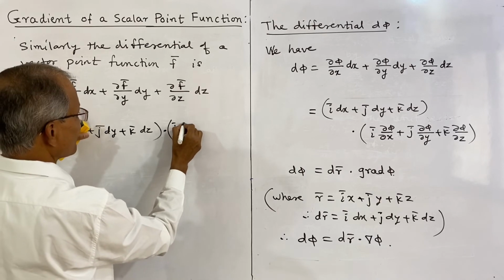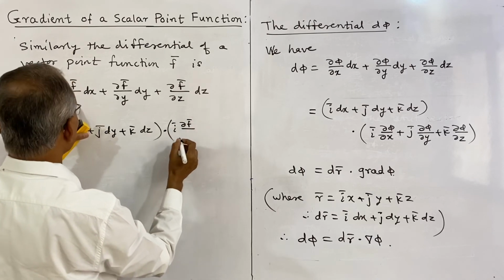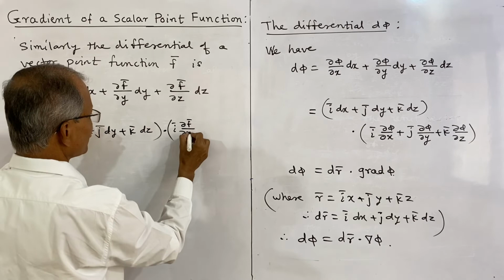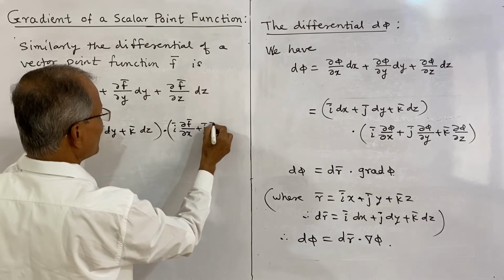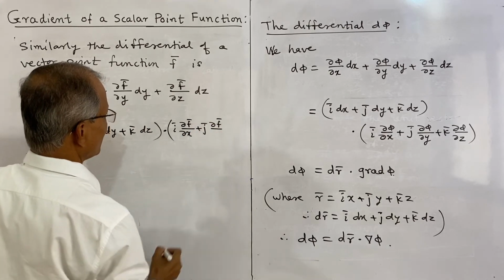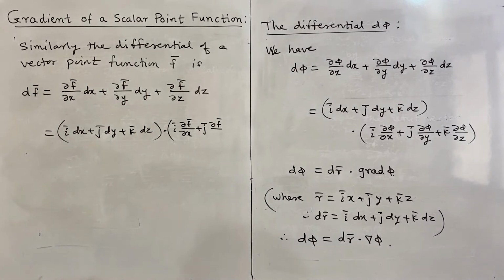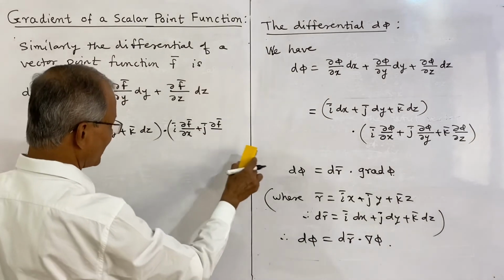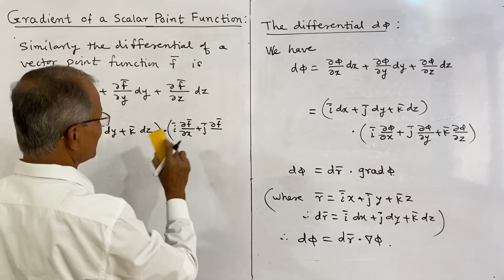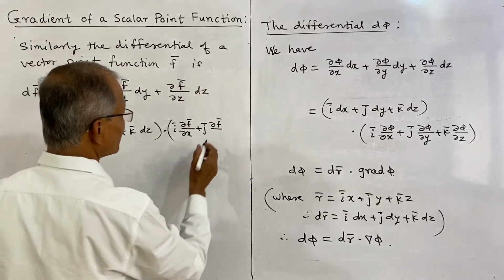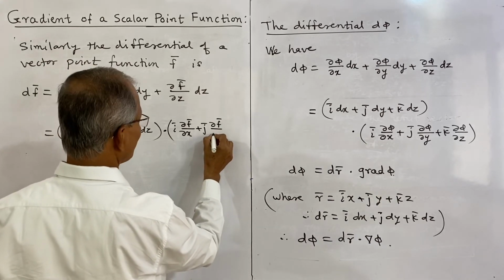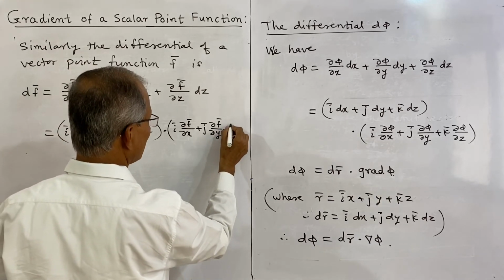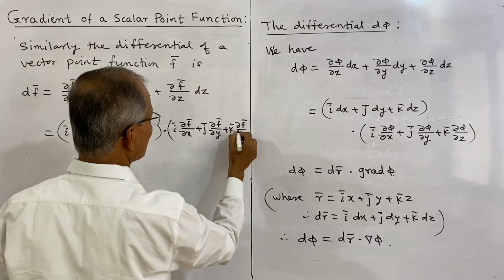dot i dou f bar by dou x plus j dou f bar by dou y plus k dou f bar by dou z.